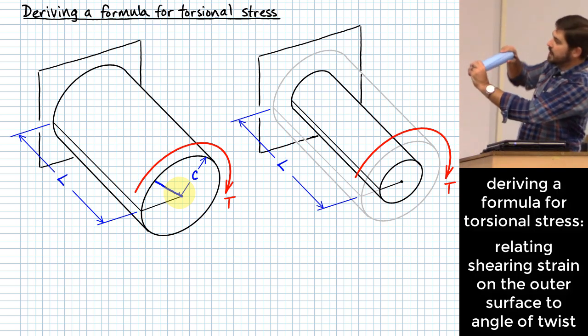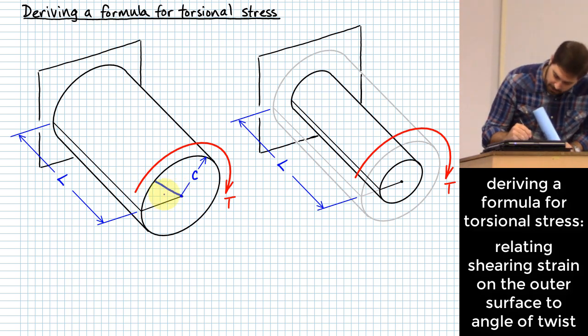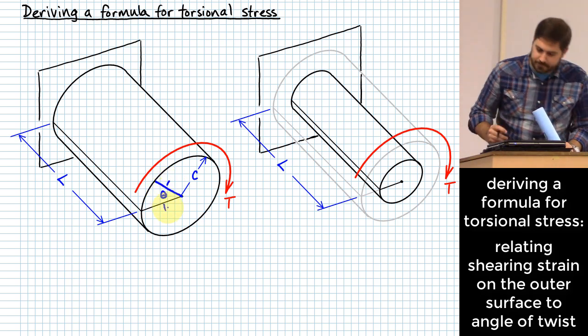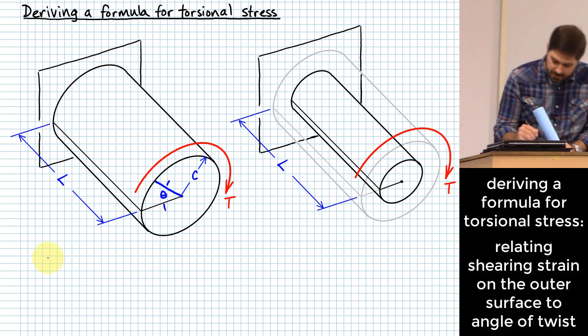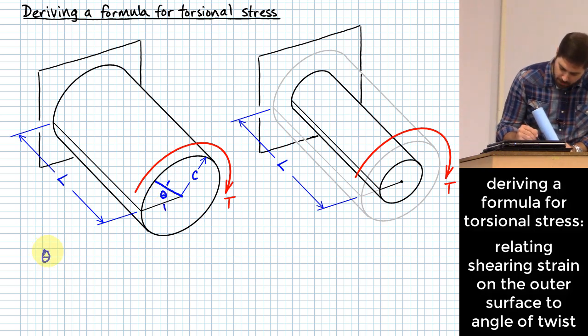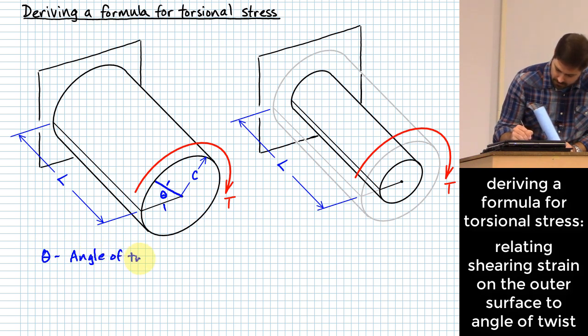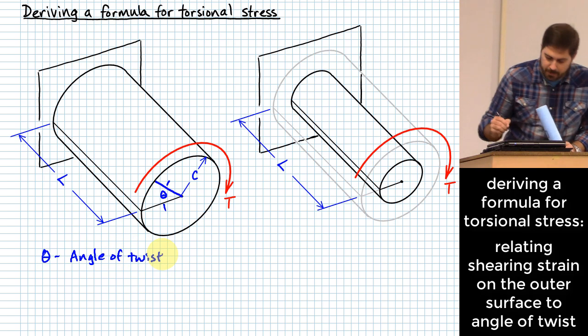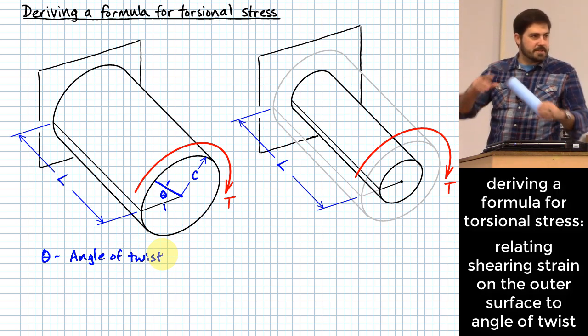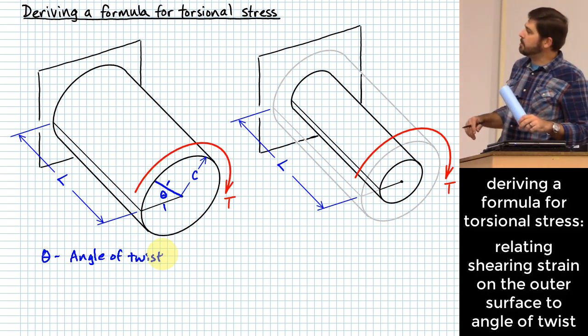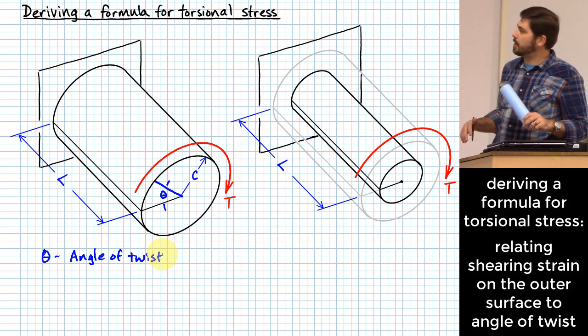So we're twisting it, and I'm going to call that amount that we've twisted it theta. Okay, theta, we're going to actually get into that a little bit more when we meet next time, but this is called the angle of twist. We're not super creative, but that's what it's called, the angle of twist that has been applied to this member as a result of this torque being applied.